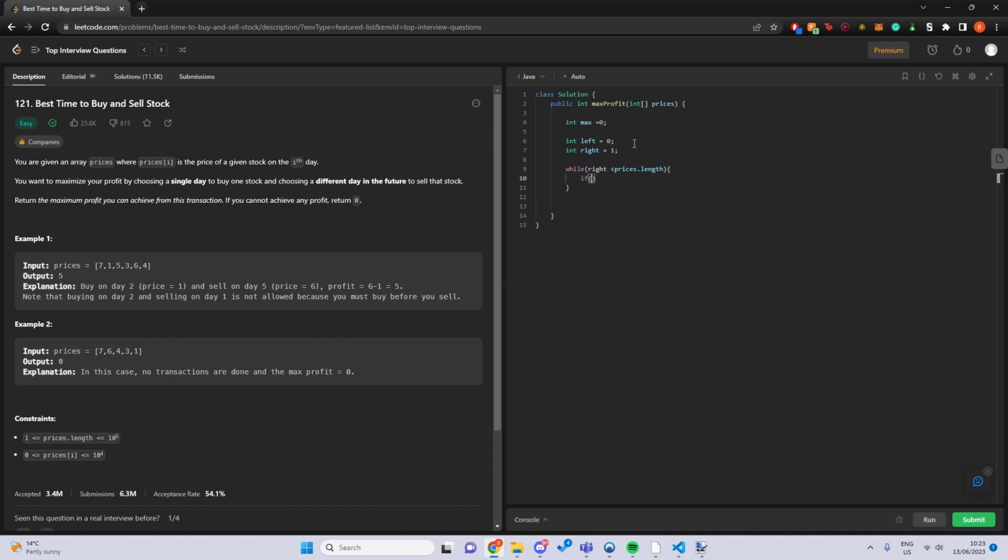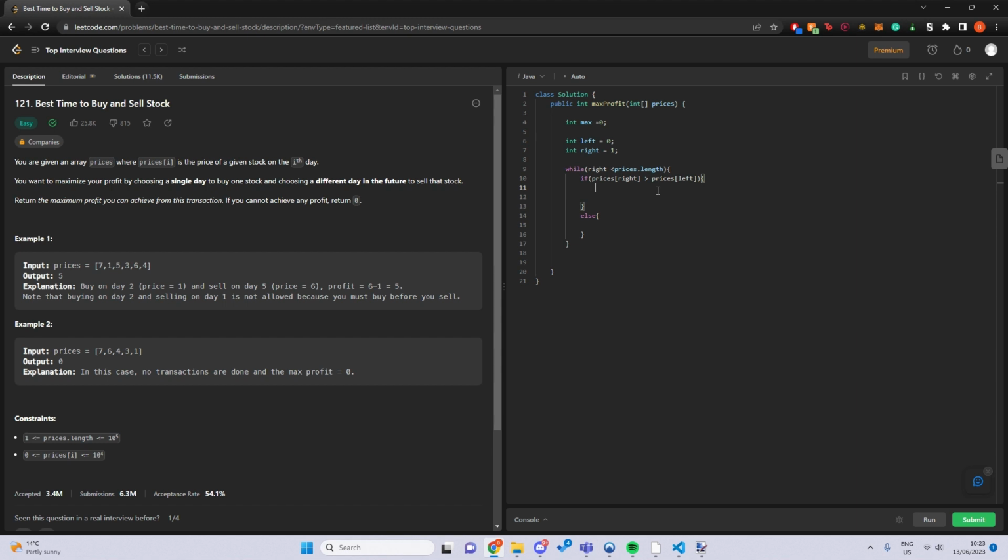if, now remember our condition, if prices right is greater than prices left, then we're going to do our operations. But if it isn't, then we're going to move both cursors.